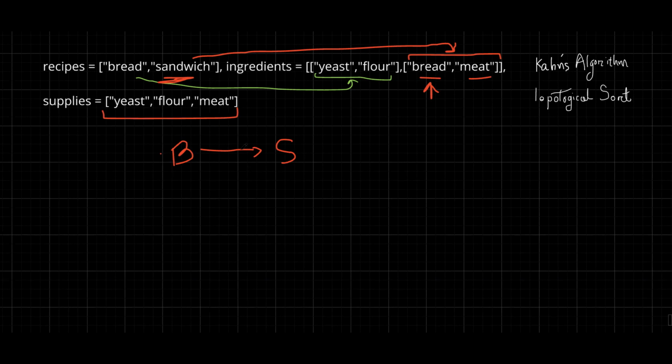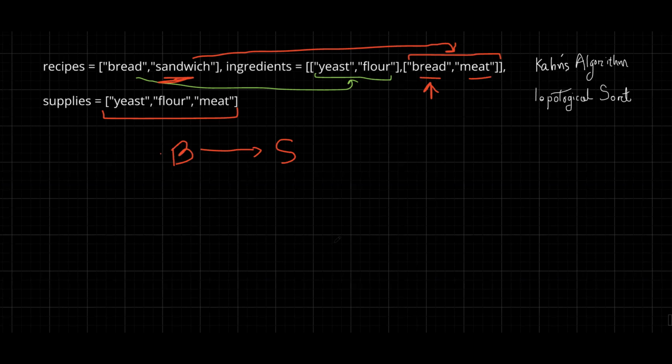Now, first of all, it is a dependency problem. Our recipe is dependent on its ingredients, and if we have to deal with dependencies in any kind of problem, we can use topological sort to solve it, and we will use Kahn's algorithm.